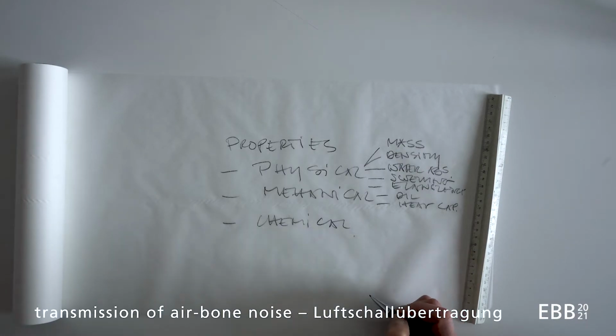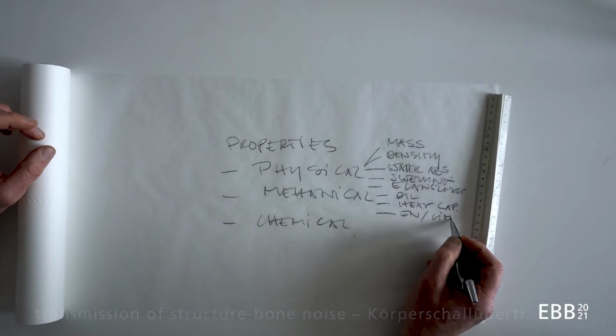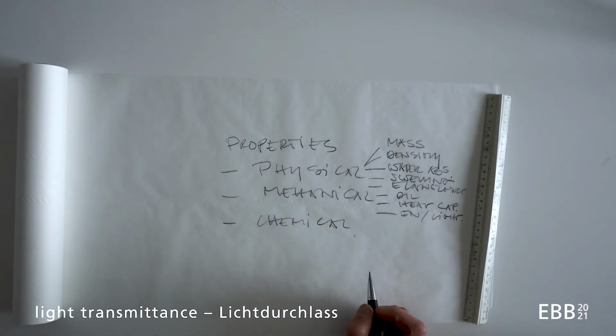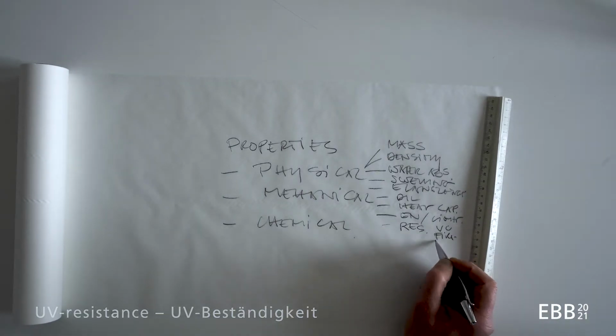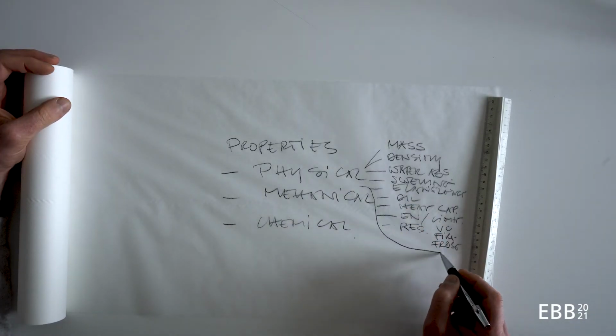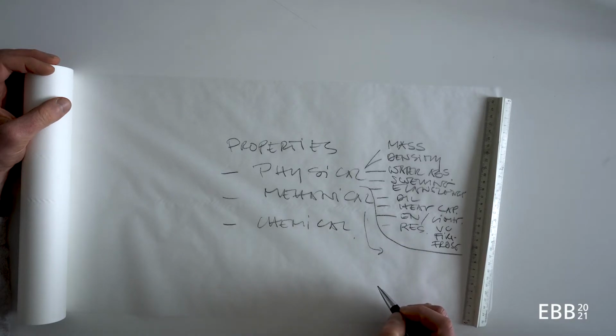And then we have energy transmittance as well, G value. Then we have UV resistance, fire resistance. Mechanical properties are resistance to compression, tension.